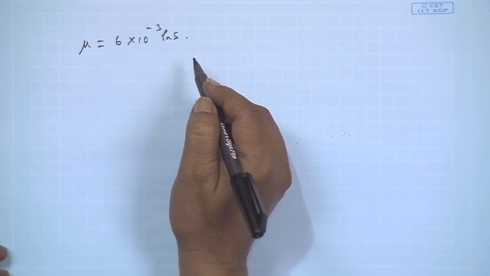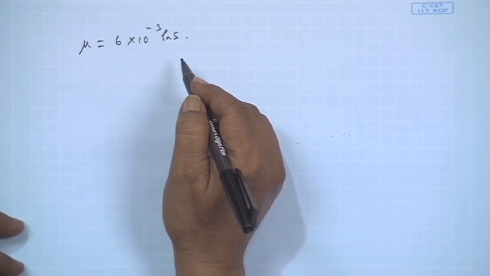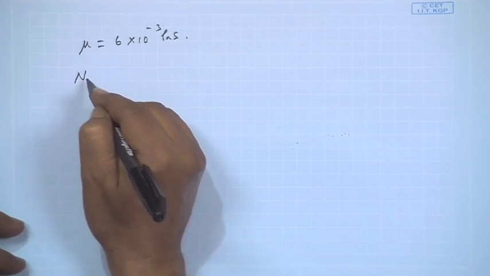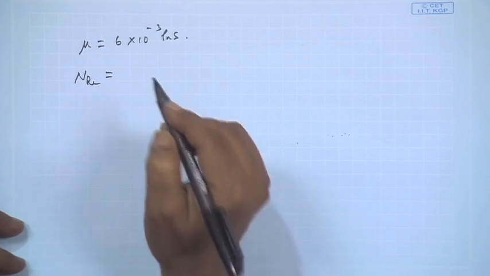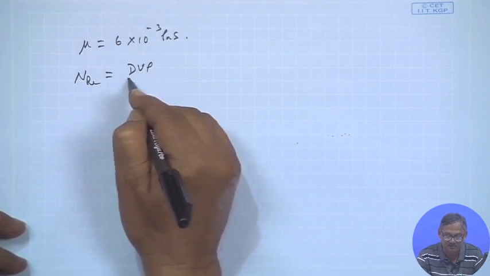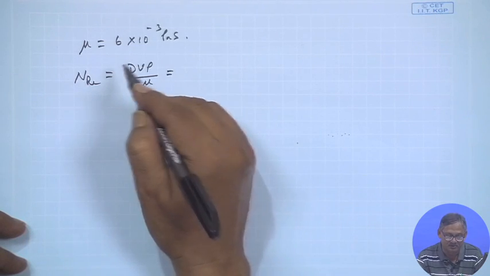Now, we are also given d and we are given the density. So, from there let us find out the value of Reynolds number, that is d v rho by mu. So, these values are known.